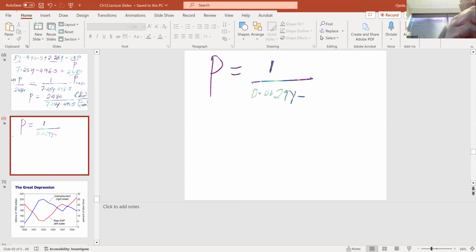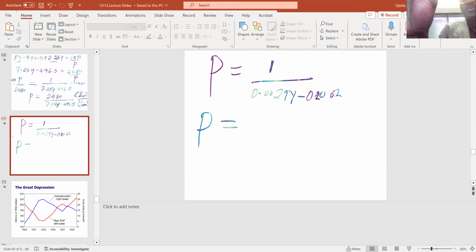Then minus 496.5 divided by 2480. I get 0.2002. So this is my aggregate demand curve.